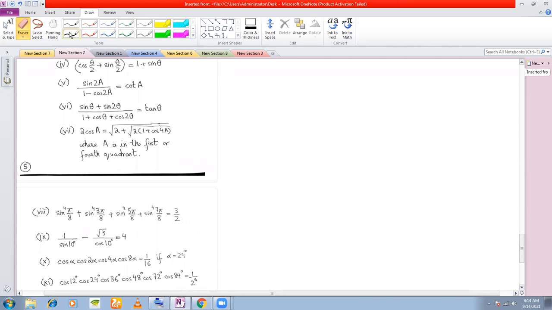Number 6. Start from the left hand side. We have sine theta plus sine 2 theta divided by 1 plus cos theta plus cos 2 theta.